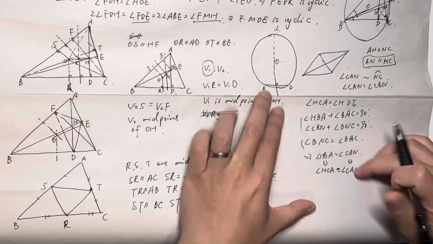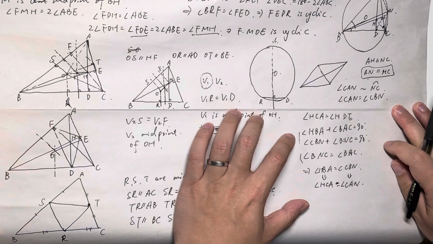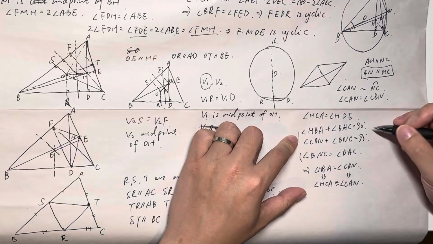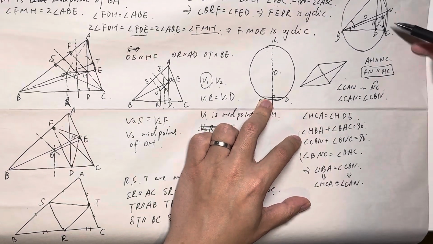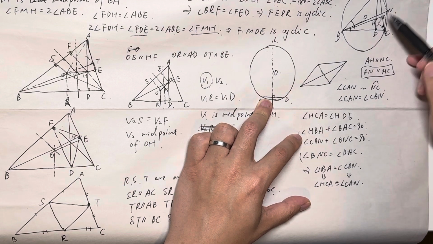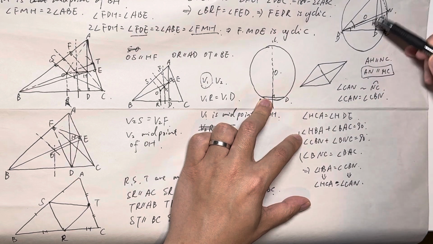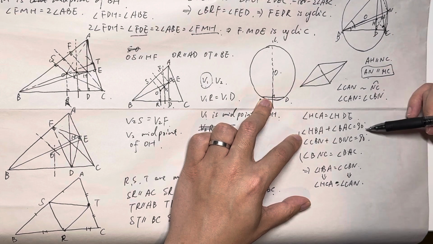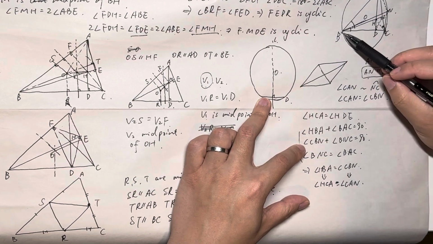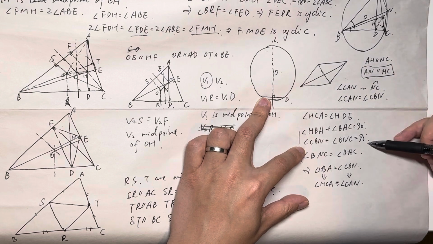That's why we have these equations here. I just want to review that angle HBA, which means EBA, plus angle BAC equals 90 degrees, and angle CBN plus angle BNC equals 90 degrees.